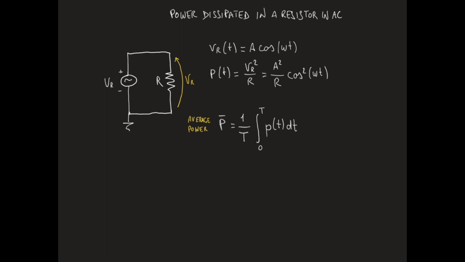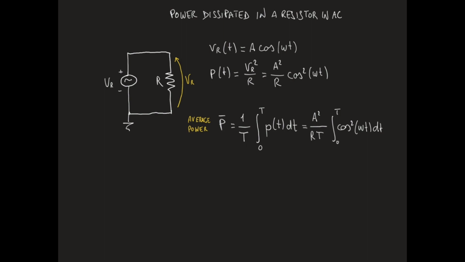Or by replacing P of t with the previous expression, A squared over RT times the integral between 0 and the period T of the cosine squared of omega t in dt.